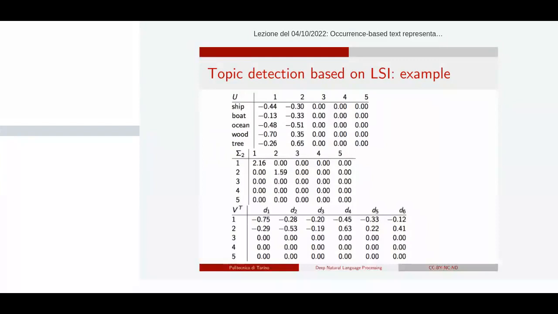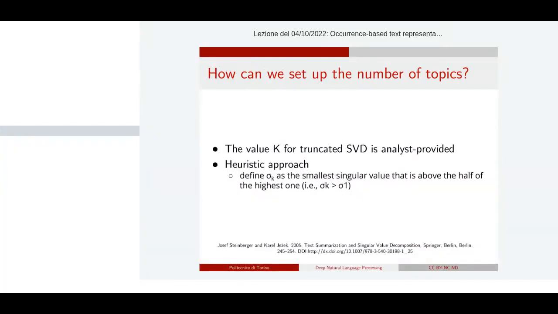Which reduction should we apply? We can look at the series. You sort the eigenvalues. You look at the decreasing series of eigenvalues, and you reduce to 0 those eigenvalues whose value is below half of the preceding one.